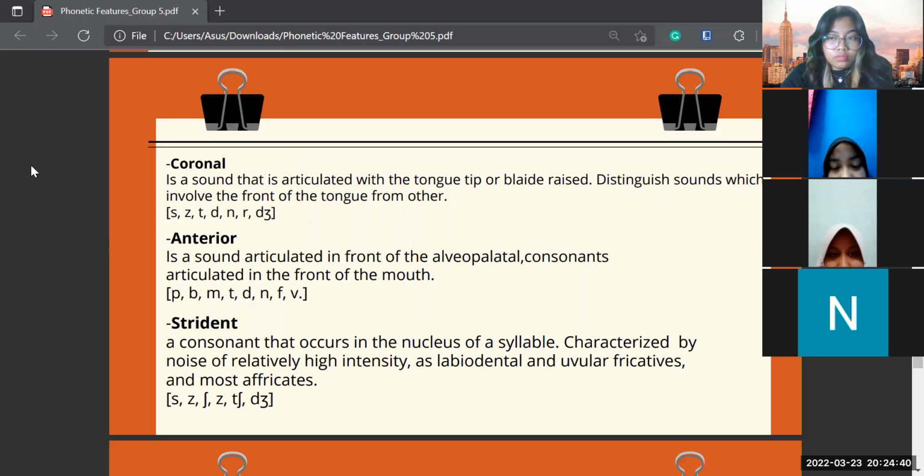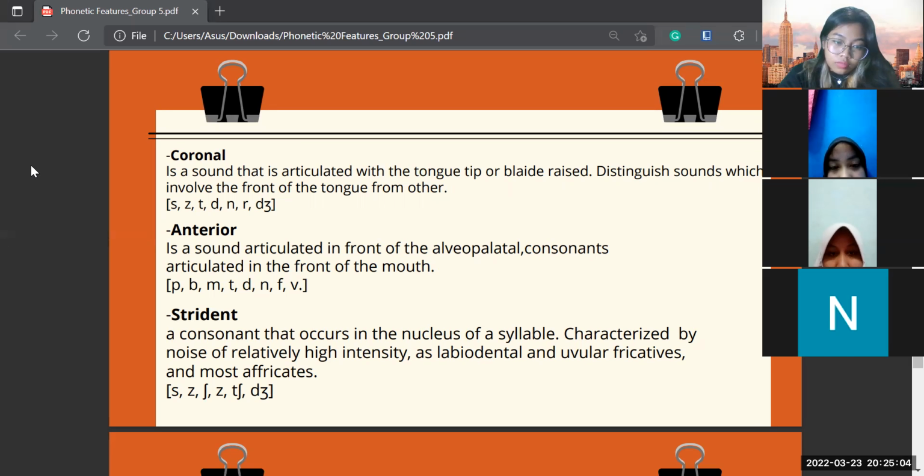For example, P, B, M, T, D, N, F, V. And then the next is strident, a consonant characterized by noise of relatively high intensity, such as labiodental and uvular fricatives and most affricates. For example, S, Z, and the affricates.